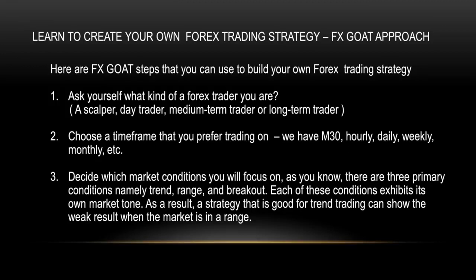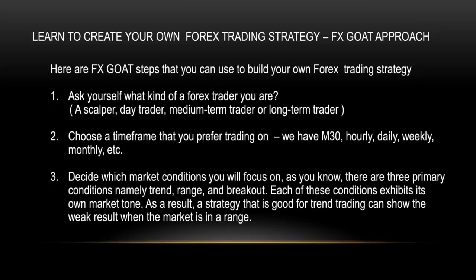And secondly, it's important for you to choose a time frame that you prefer trading on. So we have 30 minutes, hourly, daily, weekly, monthly, etc. That is also going to help you know whether you are a swing trader or a scalper trader. So number 3, you have to decide which market condition you will focus on.